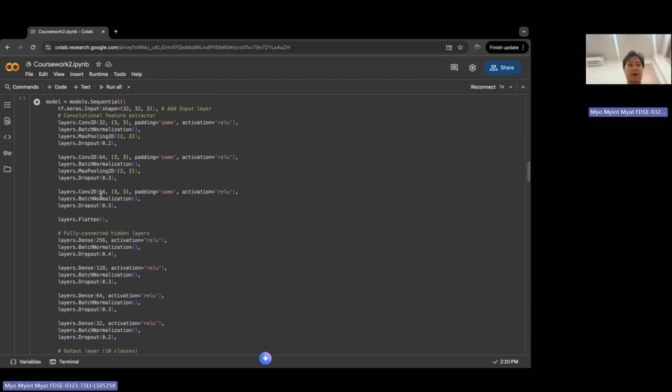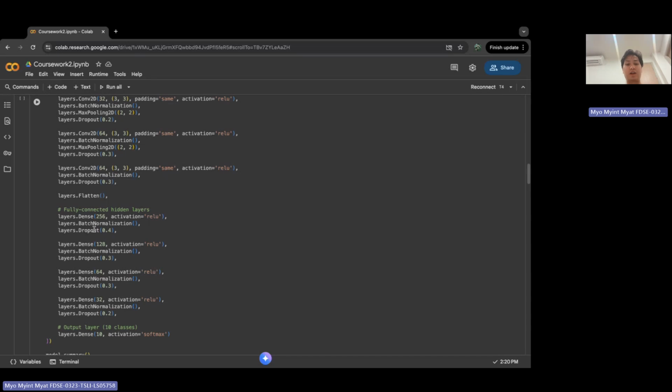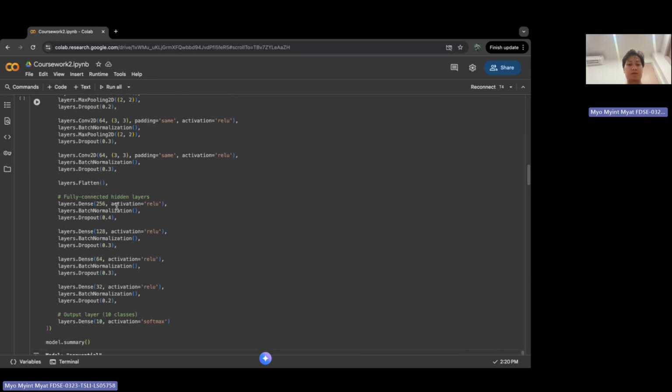I also applied batch normalization after each convolution to stabilize activations and improve convergence speed. Max pooling is used after each block to reduce the spatial dimensions and make the neural network more computationally efficient. I also added dropout to each block to reduce overfitting by randomly disabling neurons during training.